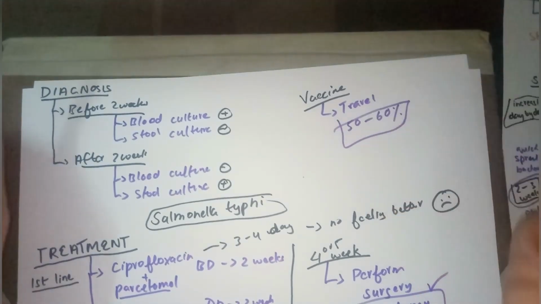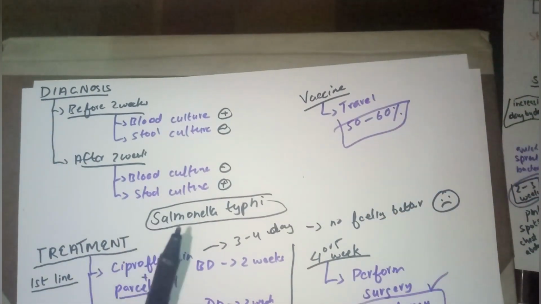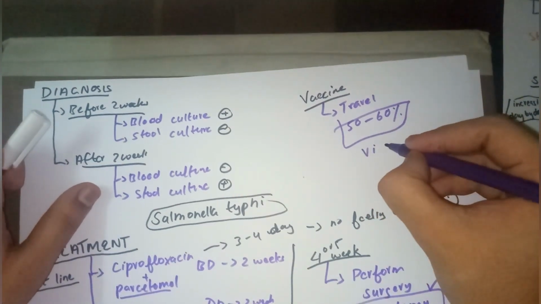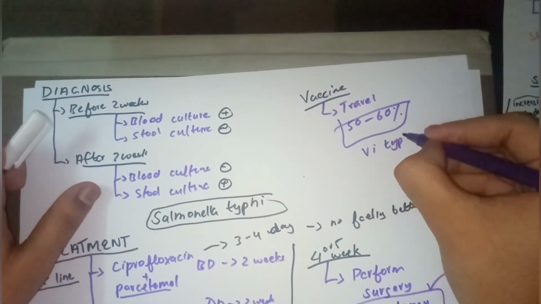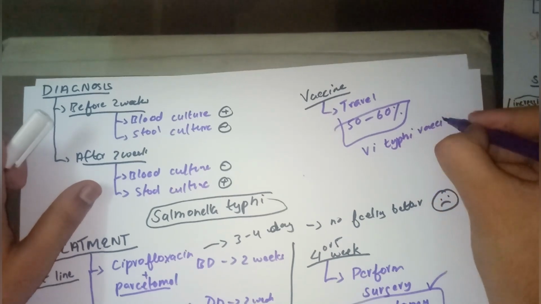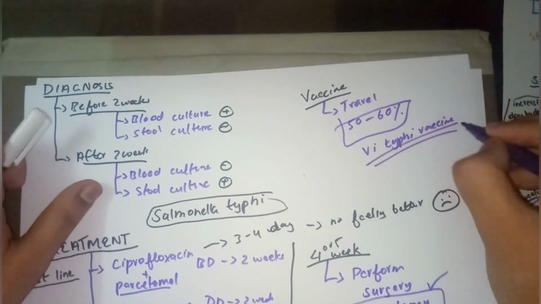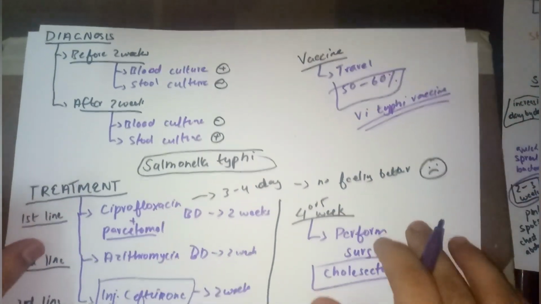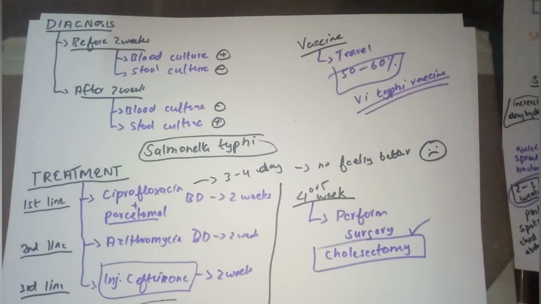So its vaccine is not used so much for everyone. Okay, it is known as the Vi typhoid vaccine, but it is not being used, and no questions also come from this in the exam. So this was all that an M.B.B.S student must know, and I have explained everything inside this.